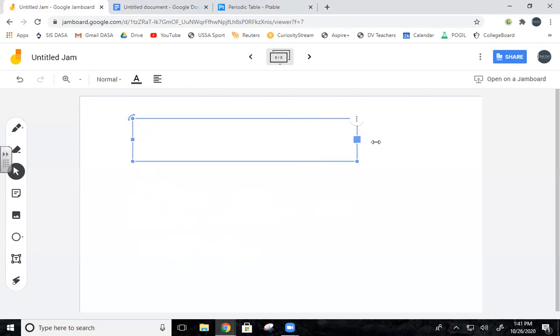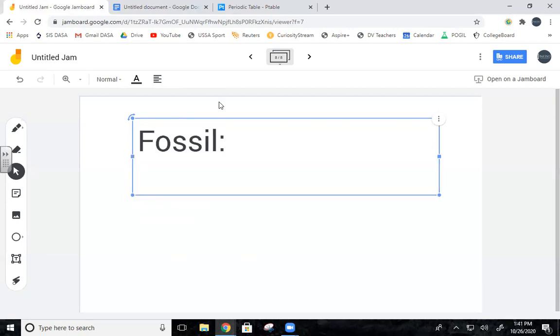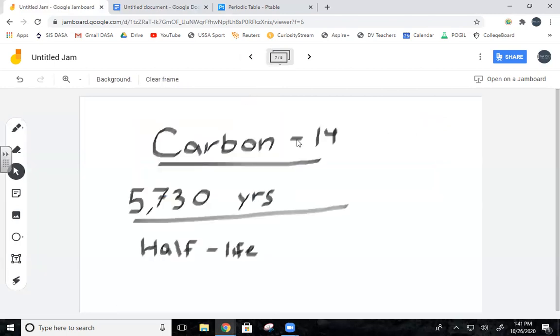Okay? Simple one. So we find a fossil. This fossil has an undetermined age, and we need to figure out how old it is. Well, carbon-14, I should probably go back really quickly.